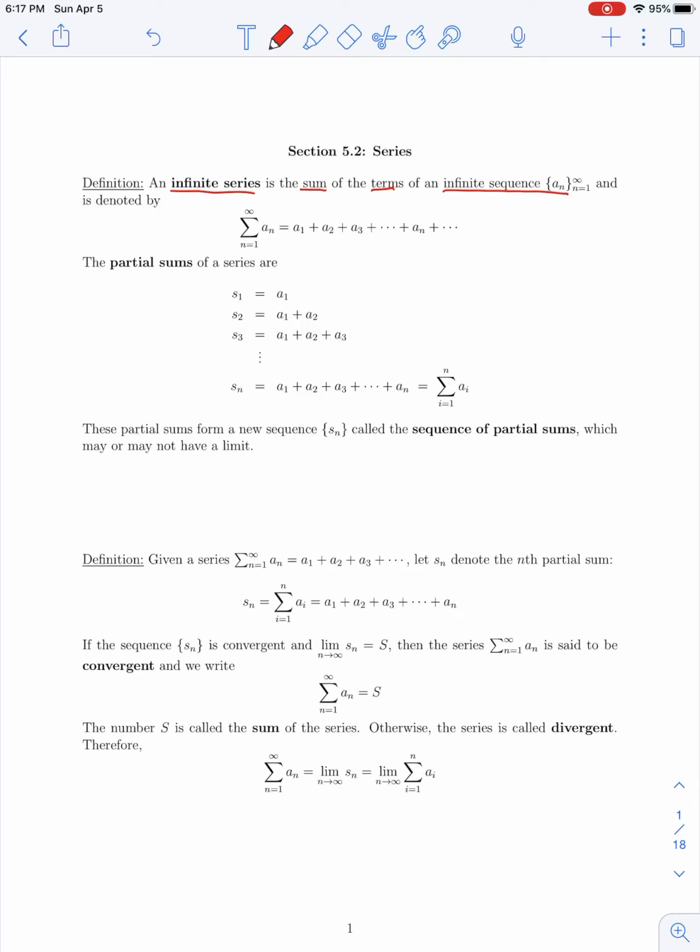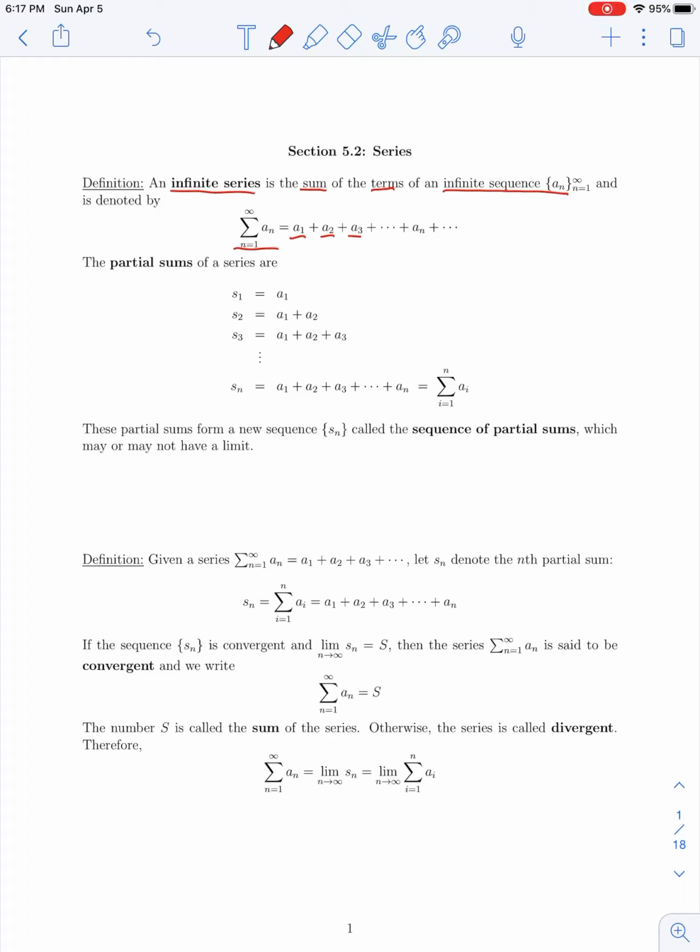It is denoted using a capital sigma: the sum of a sub n from n equals 1 to infinity denotes the infinite sum a1 plus a2 plus a3 plus a4 and so on out to infinity. So we're adding the terms of this infinite sequence.